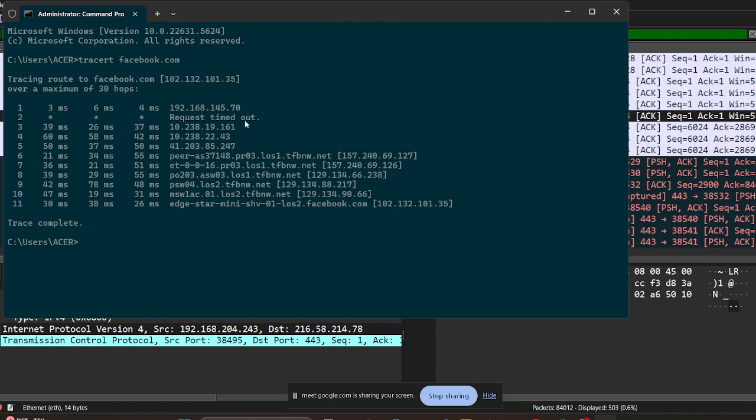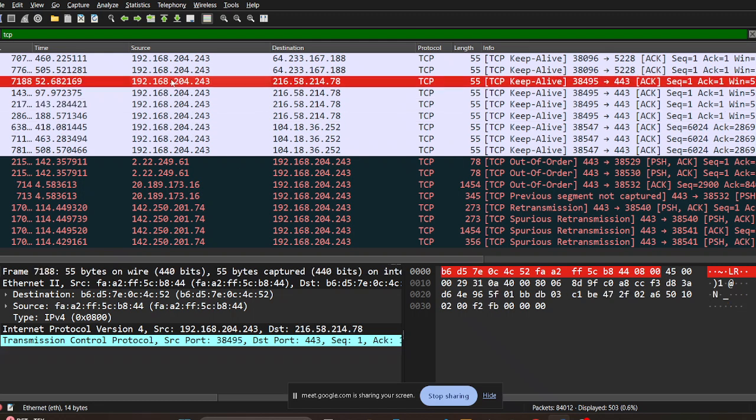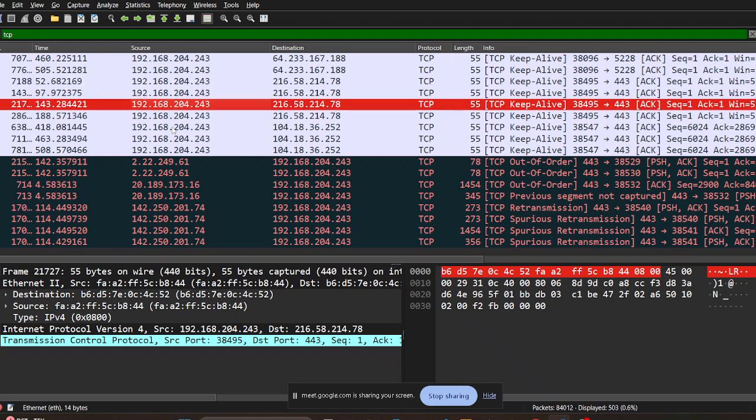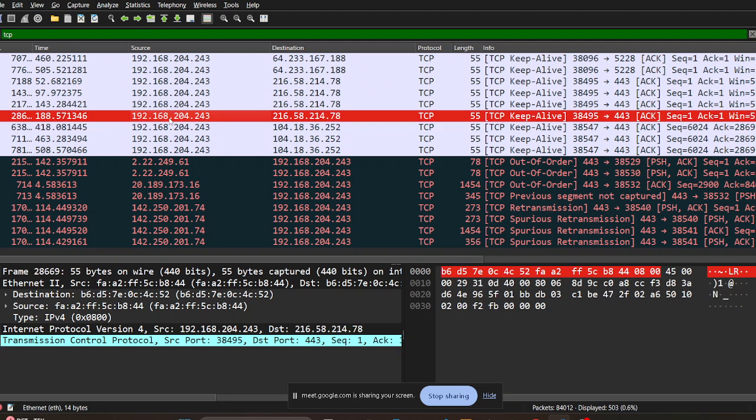So the one that is clearer, let me see, 192.168.145.70. Okay, it's different this time. I wanted to compare my IP address from last class and today.